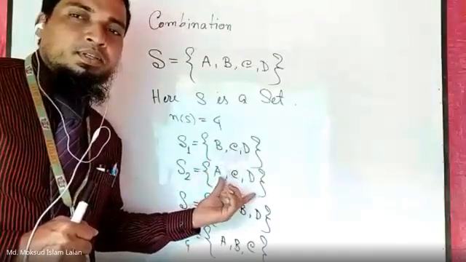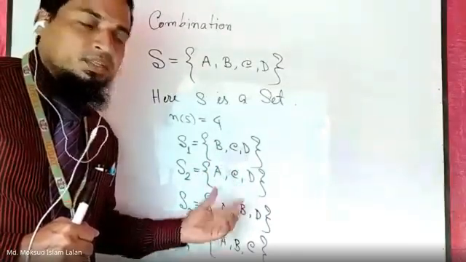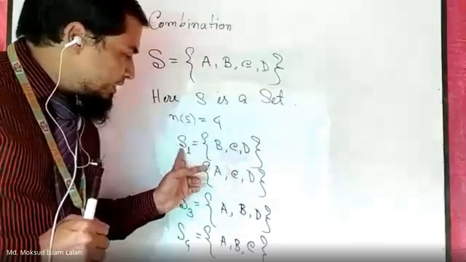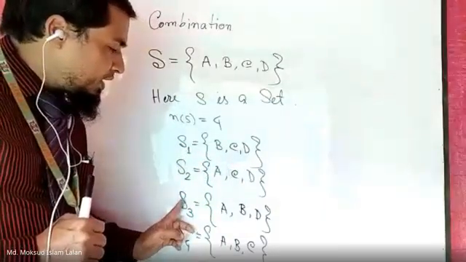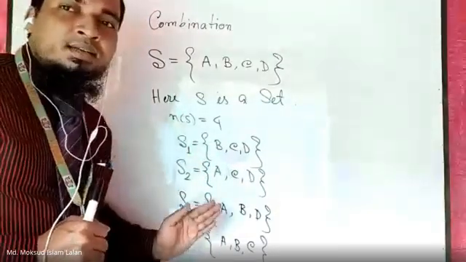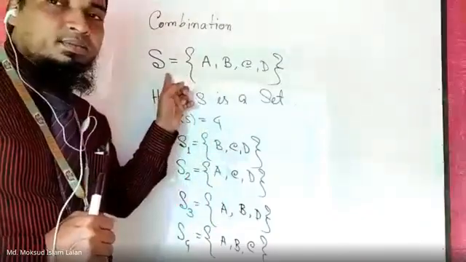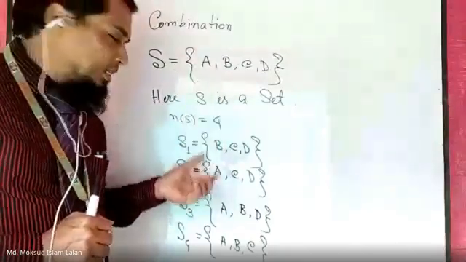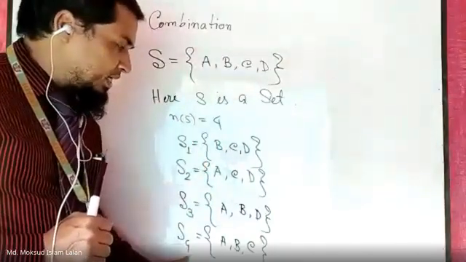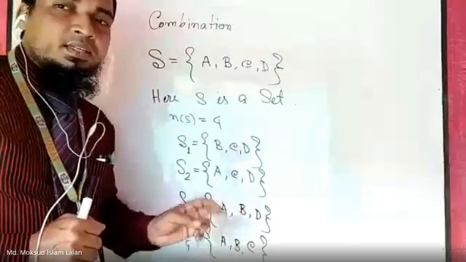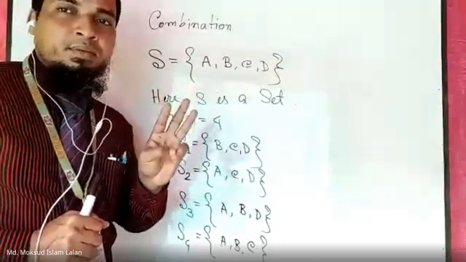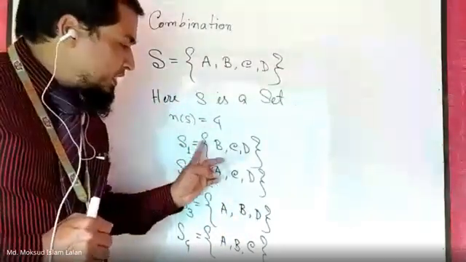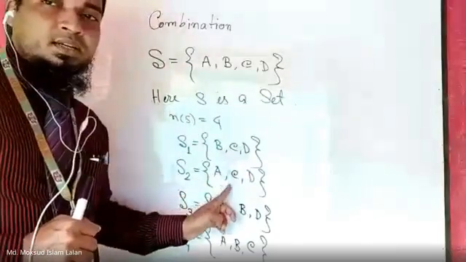All these S1, S2, S3, S4 are subsets of S. Among the 16 subsets, these four we have considered, because we fixed that we need to consider three elements.